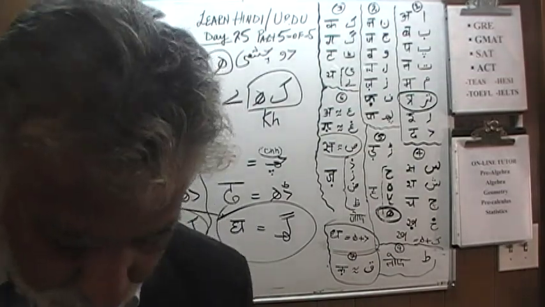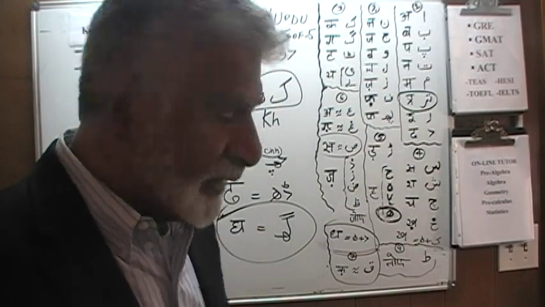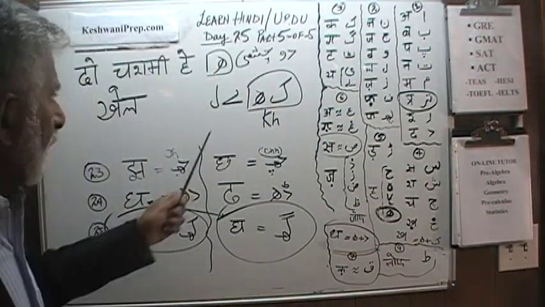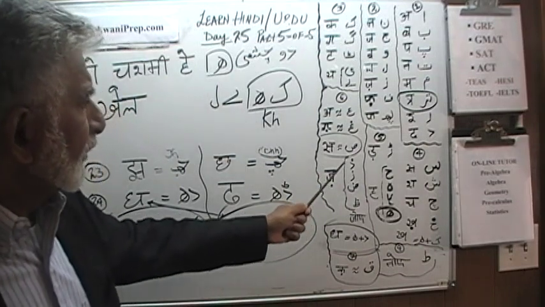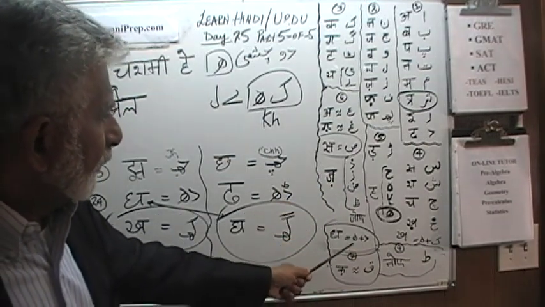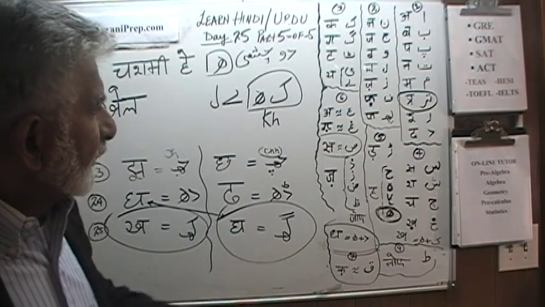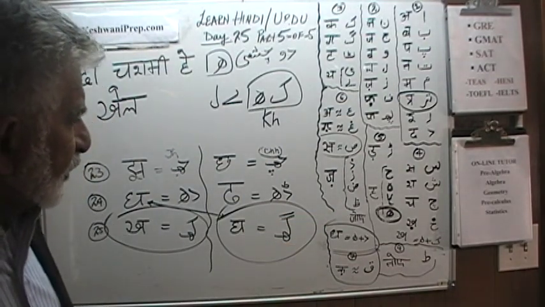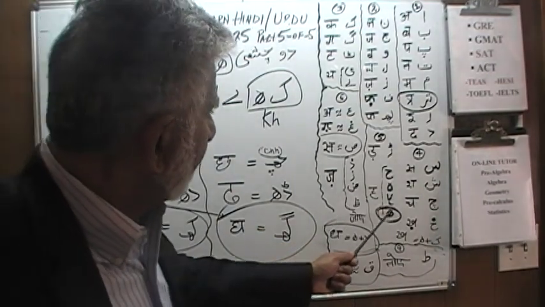Now, we already know by now that whenever the spelling of any word requires the use of badi ye or choti ye, we did badi ye and choti ye together somewhere here, which day. We'll find it in a second. Badi ye or choti ye, when it appears in the middle of the word, it changes the shape. Let me first find it. Obviously we did them somewhere.